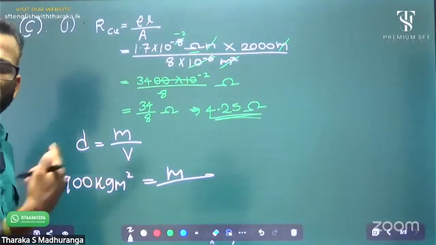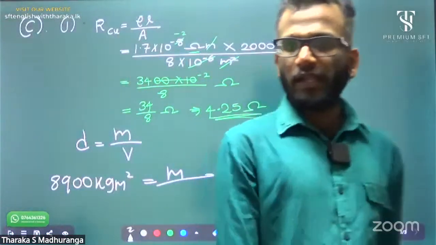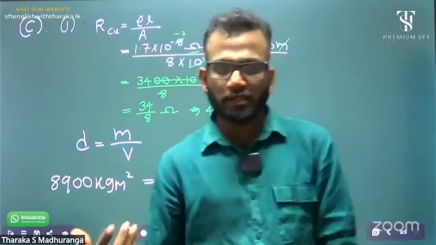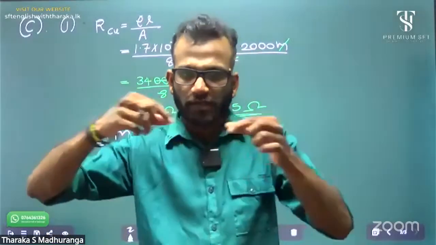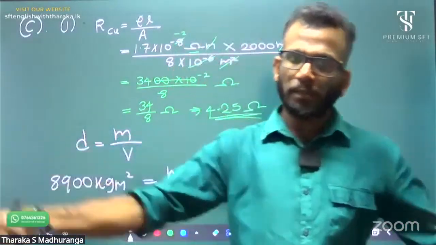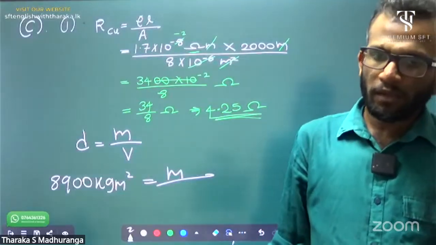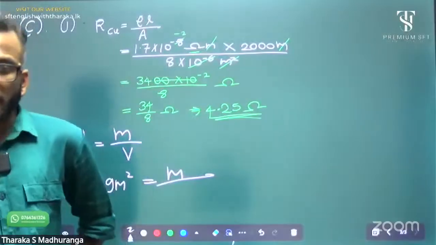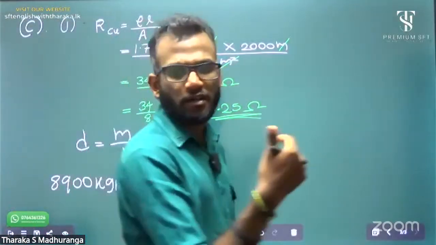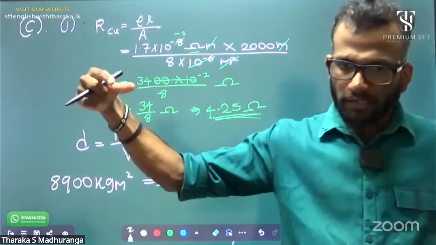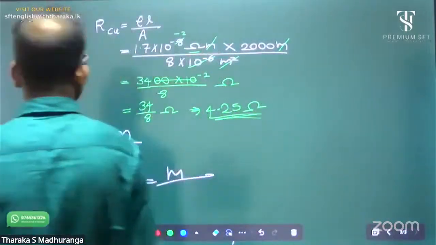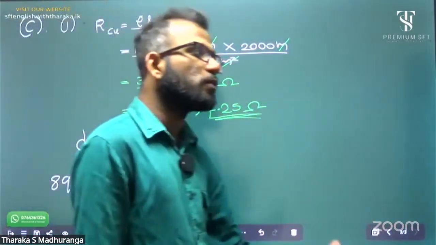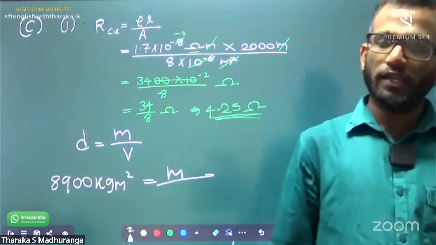How to get the volume? Can anyone suggest a method to calculate the volume of this conductor wire? How about the shape of these conducting wires? It is just like a small cylinder, right? A cylinder is a uniform object. Now, how can we get the volume?